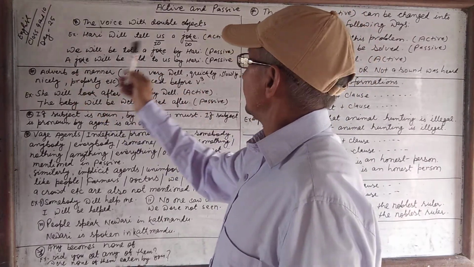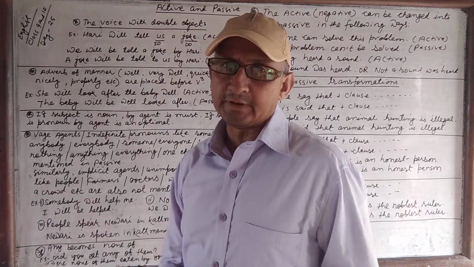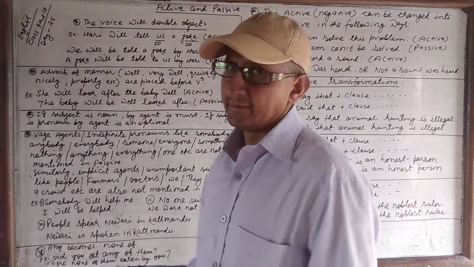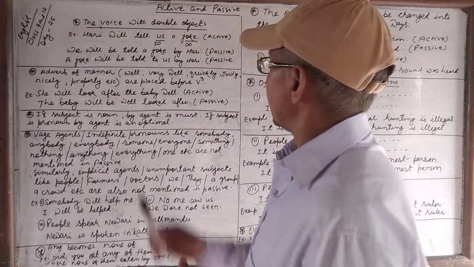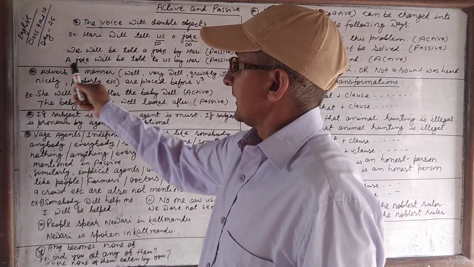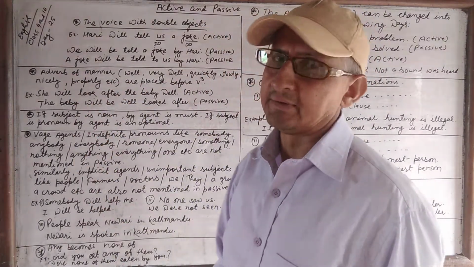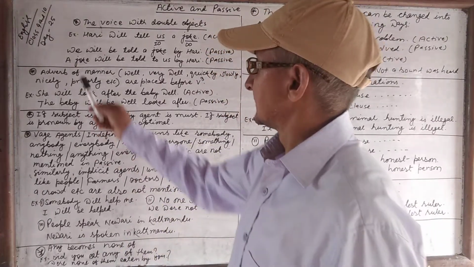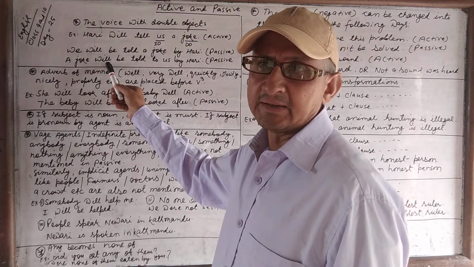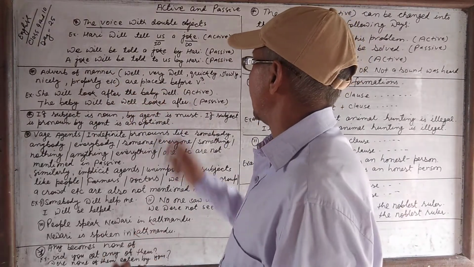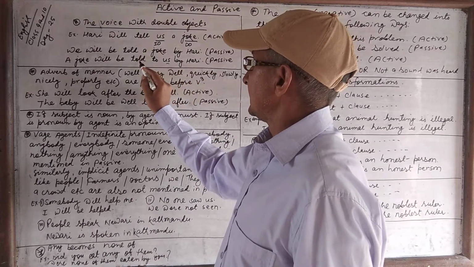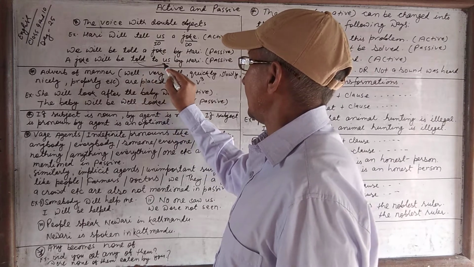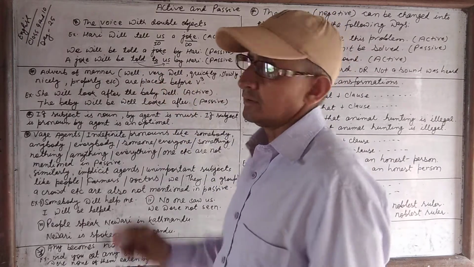In this sentence, if there are two objects, we can change active into passive in two ways. One way is keeping the direct object as the subject of the passive. If the direct object is used as the subject, the indirect object is placed after the main verb, using to or for.